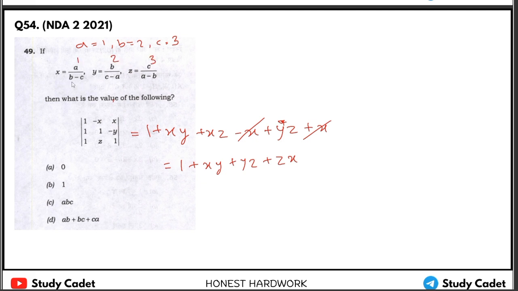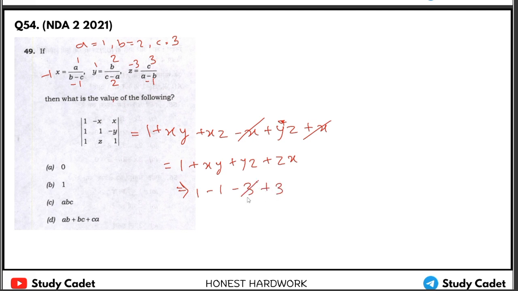B minus c is minus 1, c minus a is 2, a minus b is minus 1. So x is minus 1, y is 1, and z is minus 3. Put it in this equation: xy will be minus 1, yz will be minus 3, zx will be plus 3.